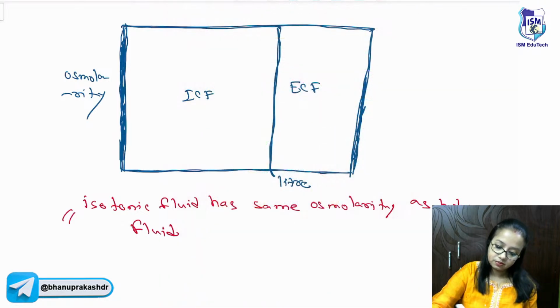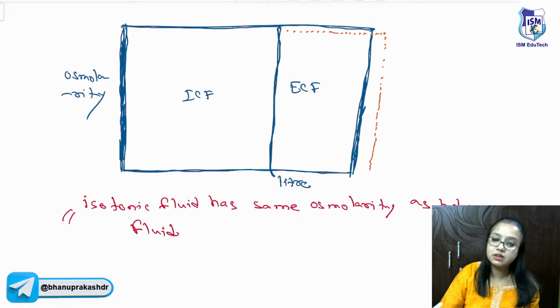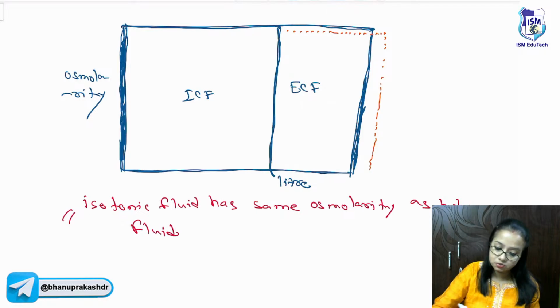So, the fluid will go to the ECF. Isotonic fluid, when it gets infused, first goes to the ECF. So when it goes to the ECF, only there will be expansion in the volume, but there will be no change in the osmolarity.